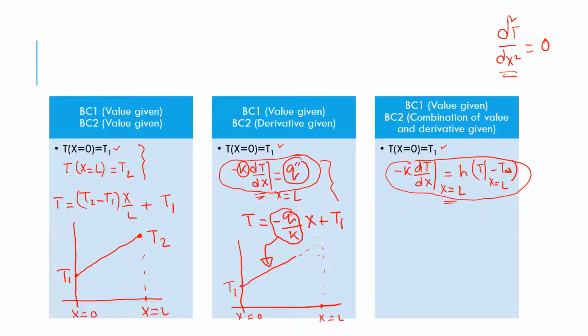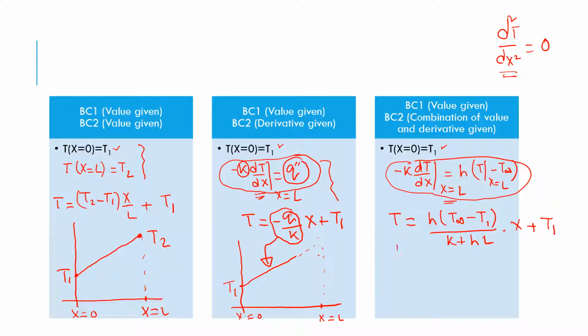Okay, so in the third case, the solution is T equal to h times T infinity minus T1 over k plus hL times x plus T1.